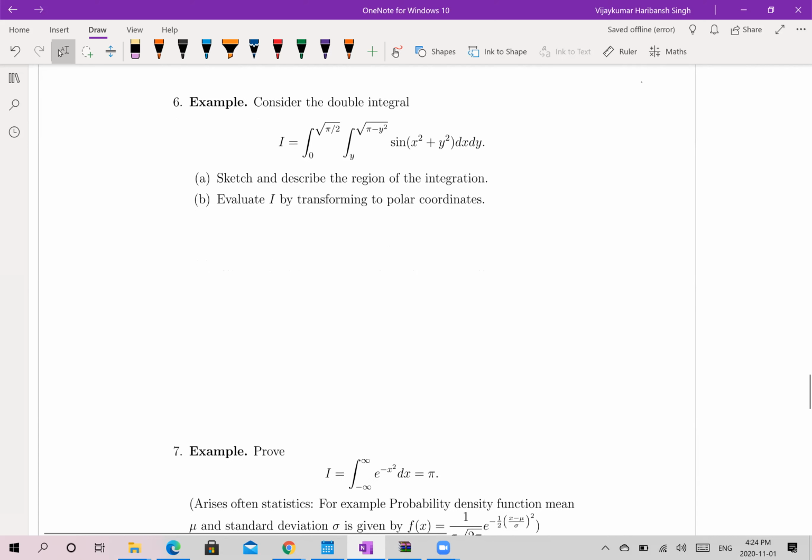Now consider the following problem. Consider the double integral, 0 to square root of pi by 2, minus pi square root of pi minus y squared, sine squared plus sine squared dx. So first of all, we need to sketch and describe the region.